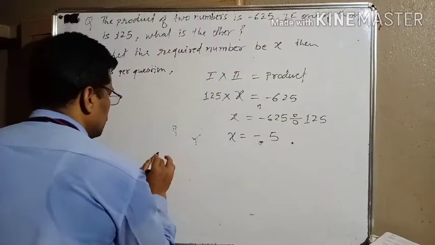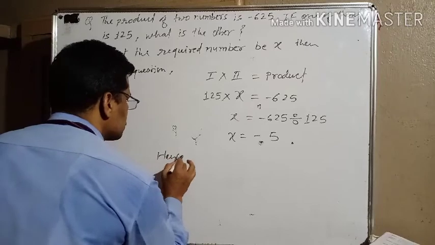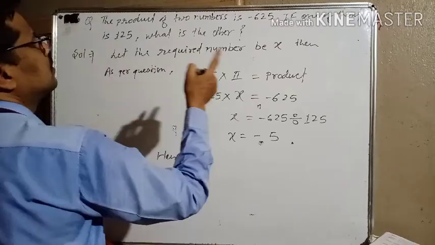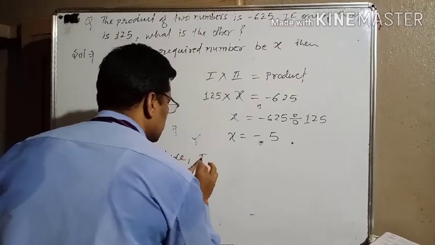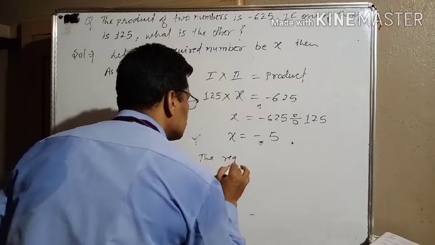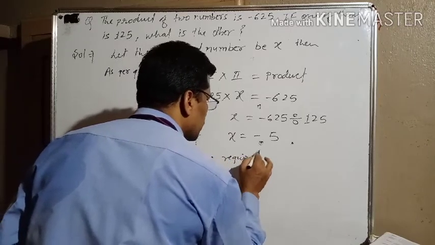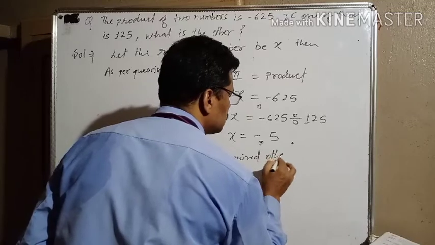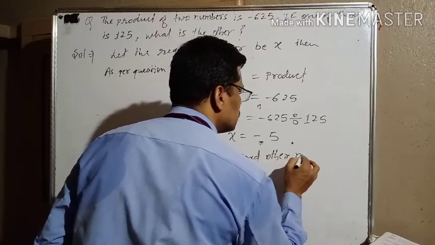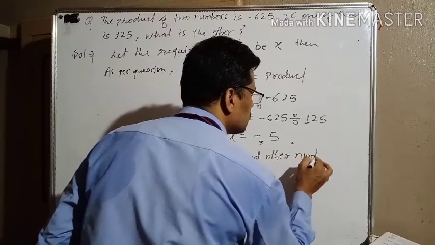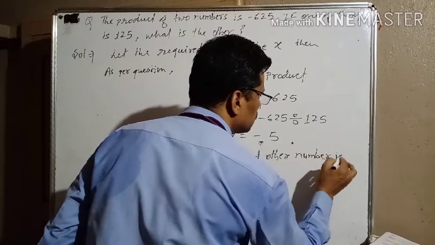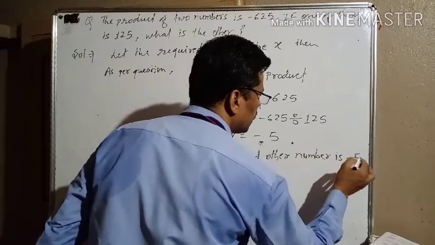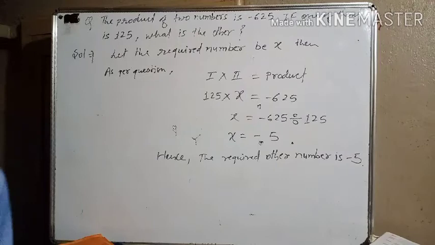Here we can write, hence the required other number is minus 5.